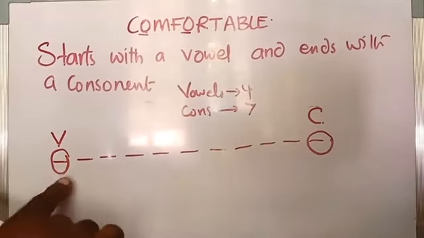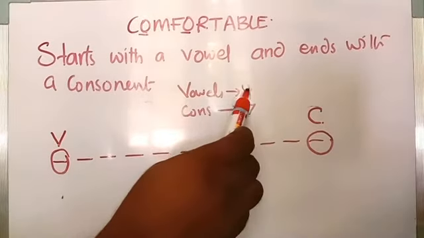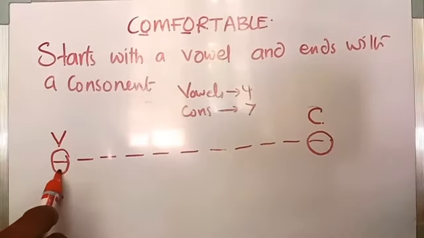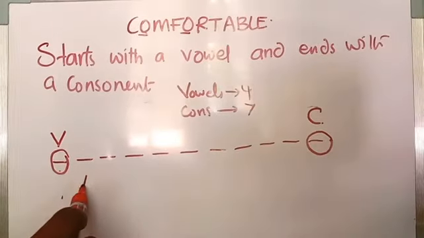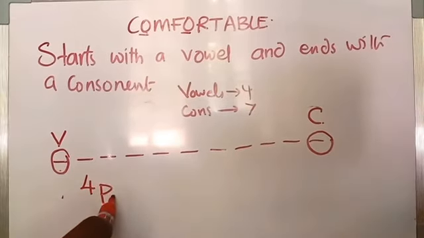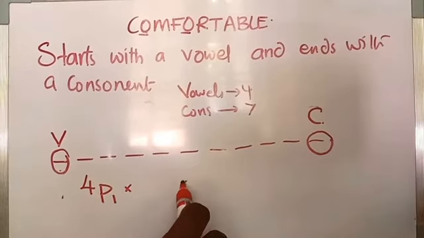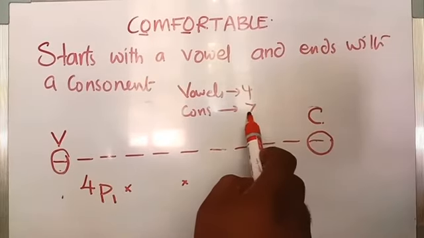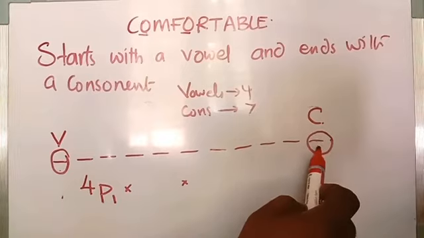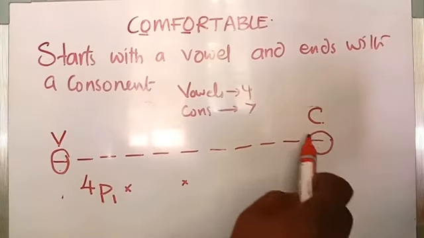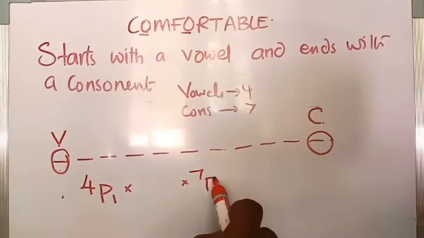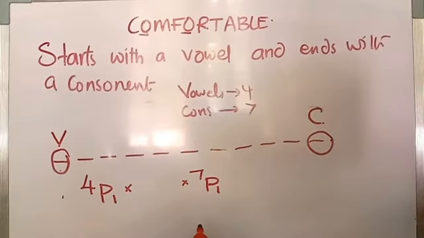Okay, so there are 4 vowels and 1 place for that, so it can be arranged in 4P1 ways into, there are 7 consonants and 1 place for arrangement, so it can be arranged in 7P1 ways, simply 7.